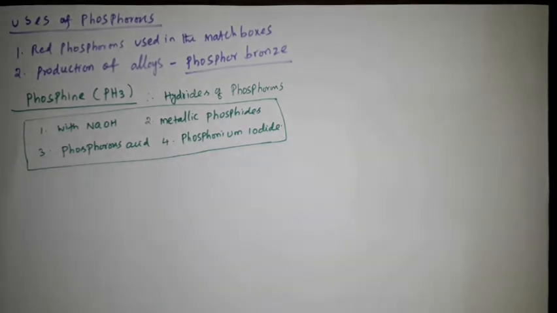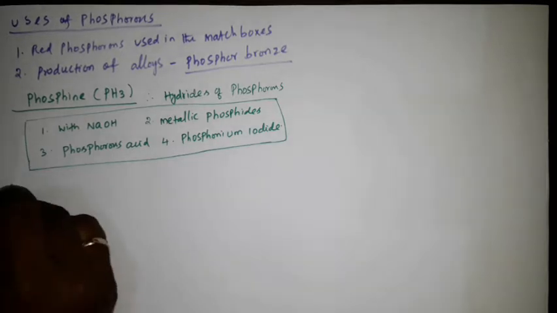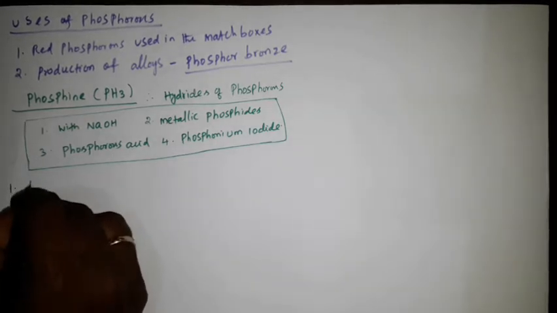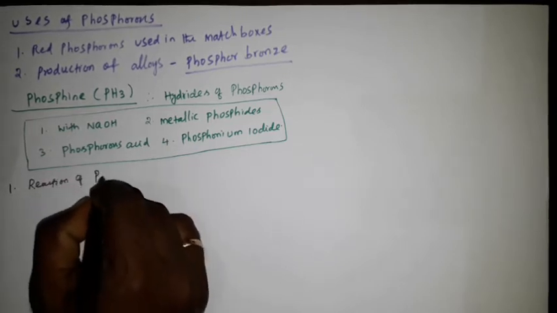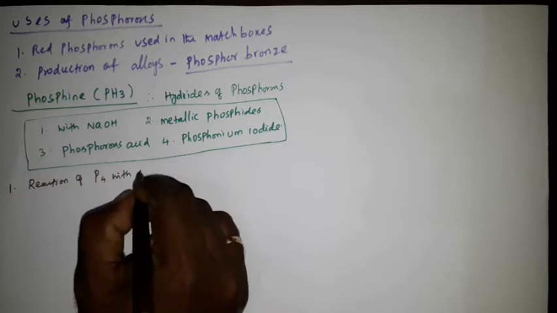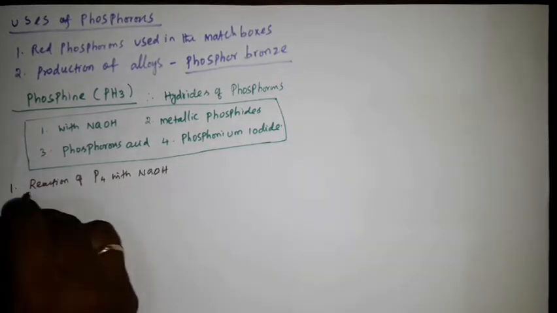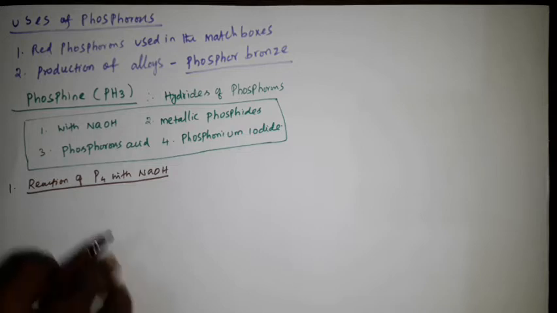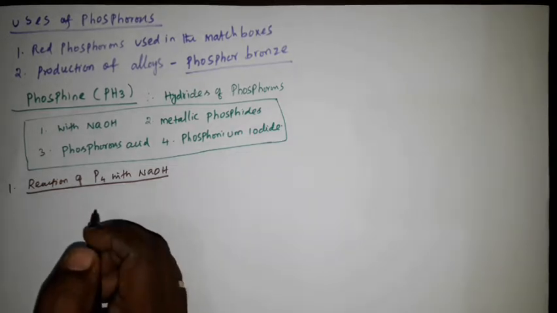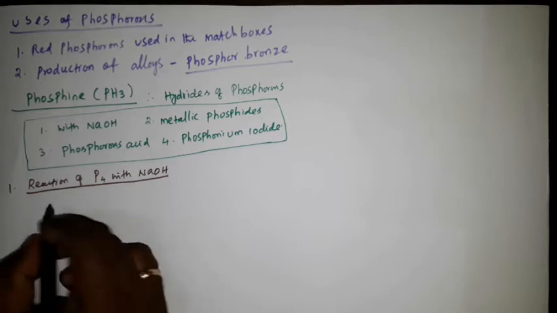The first one is the reaction with sodium hydroxide. The first method is the reaction of phosphorus with NaOH, sodium hydroxide. We already discussed this reaction in the properties of phosphorus. Phosphine is prepared by the action of sodium hydroxide with white phosphorus in an inert atmosphere.